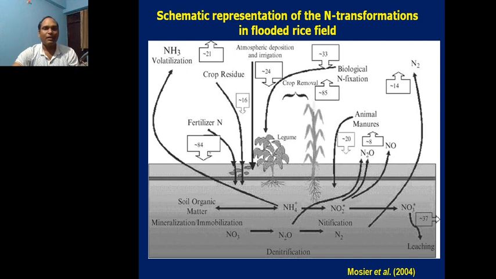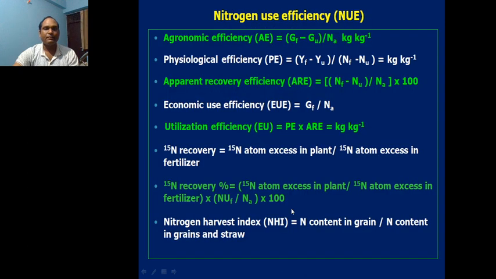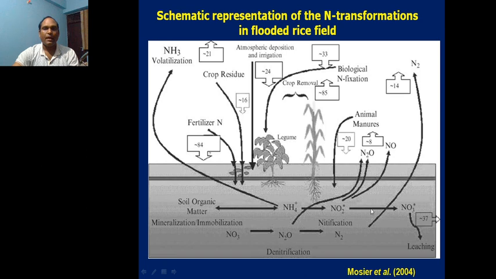And what are the nitrogen loss mechanisms? Among these, one is the volatilization of ammonia from the ammonium ions. Second, nitrate ion may be lost as nitrogen or nitrogen oxides through denitrification mechanisms.